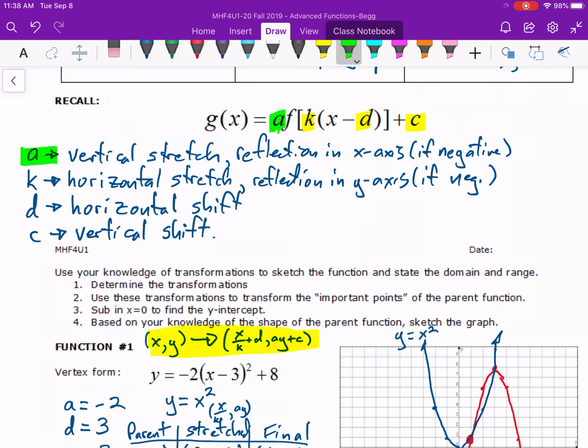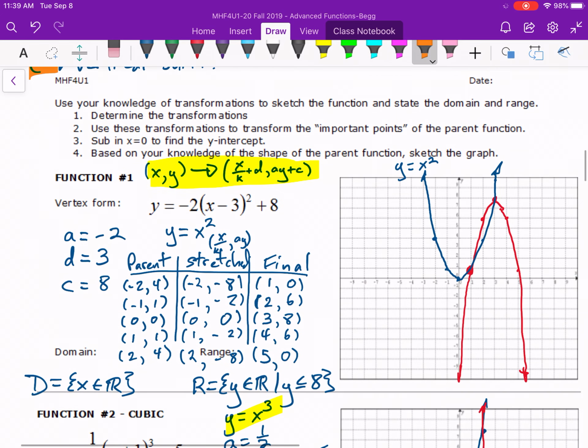K is our horizontal stretch or compression. That's the one that comes inside a function but still in front of the x. D is our horizontal shift. That moves things from left to right. C is our vertical shift, moves things up and down. We'll come back to this in a minute.